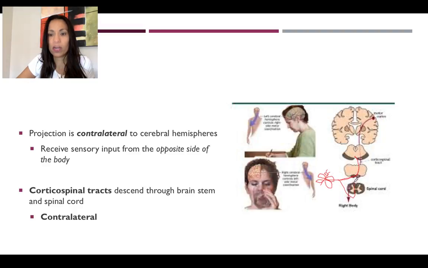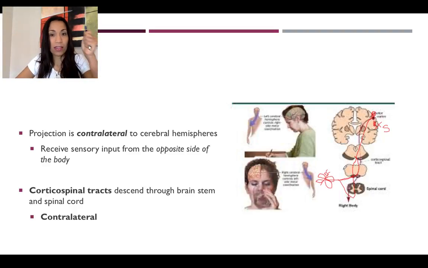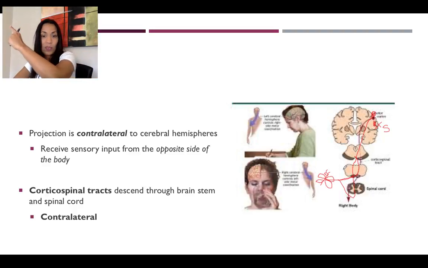Here is the spinal cord. It ascends, and at the level of the brainstem, it crosses and delivers the information to the sensory, which is about here, to the somatosensory cortex. So what we are holding or feeling on your left side is being delivered to the right side.